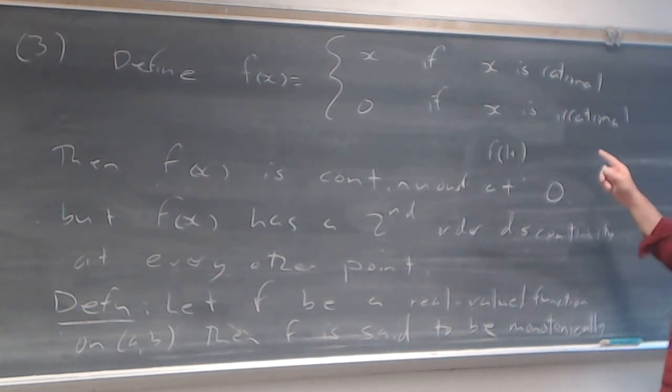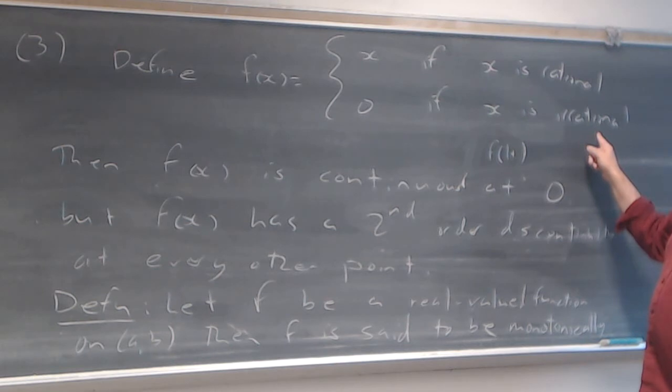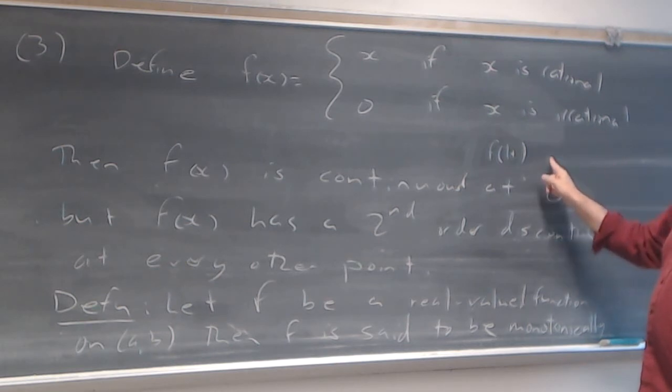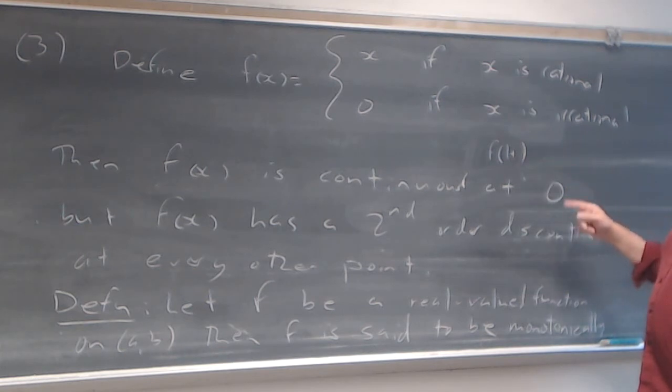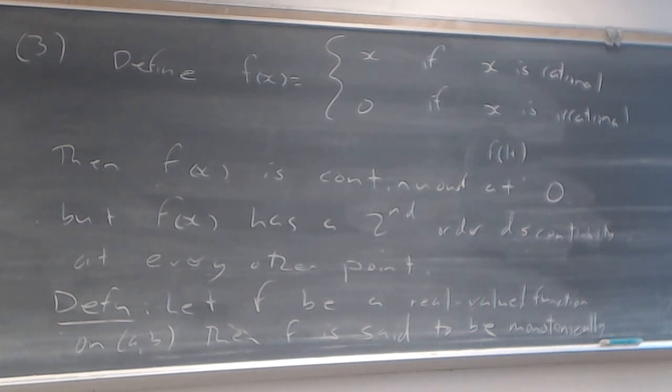But if I come in from the right with a sequence made up of all irrational numbers, then f of that sequence is going to be 0, and so we don't get that the limit exists, because we get 2 different numbers.